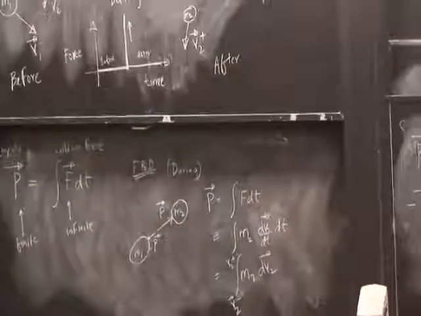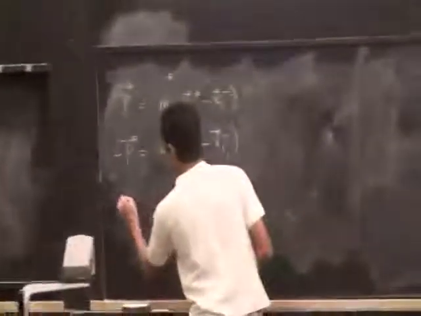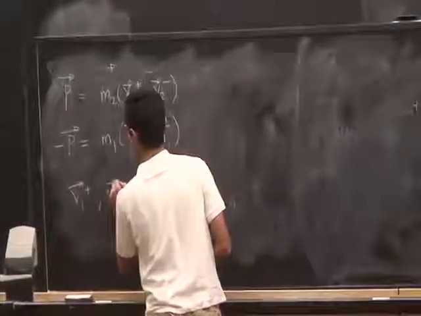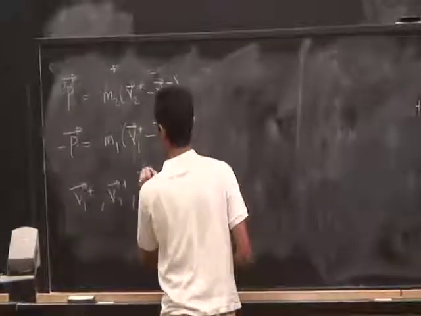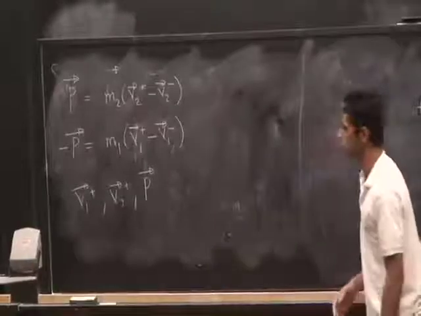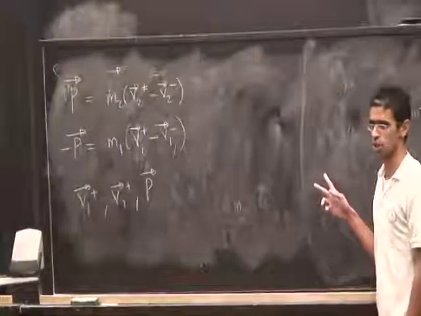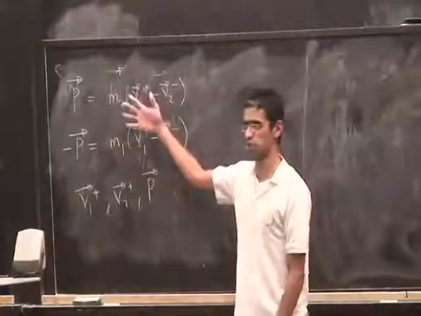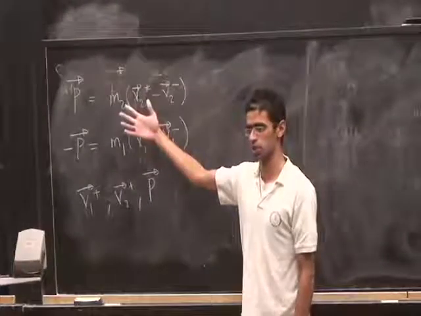So you do not know V1 positive, V2 positive, or P. Right? And you have to find three numbers using two equations, and you cannot solve for three numbers using two equations. You need to generate one more equation.